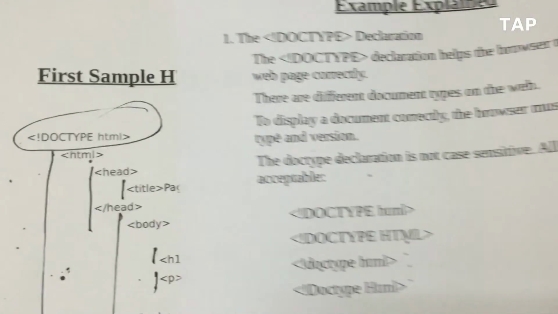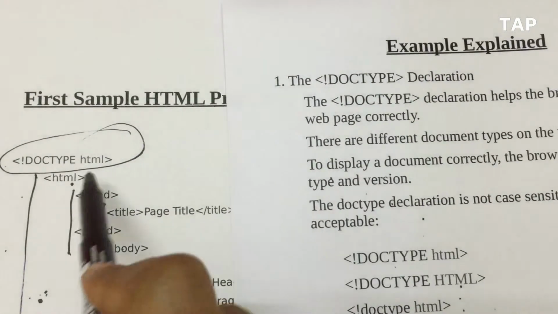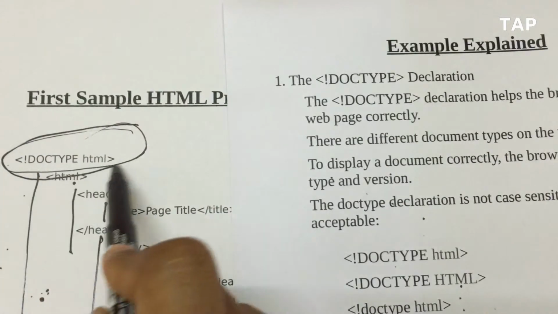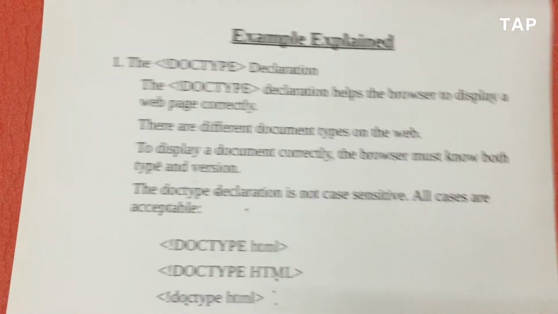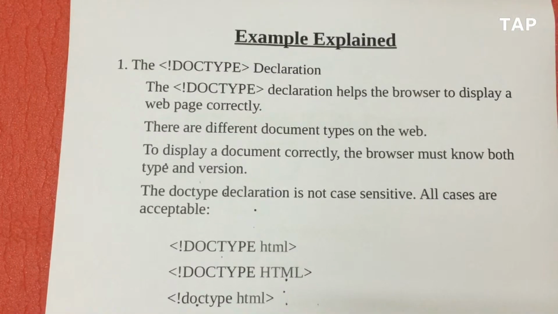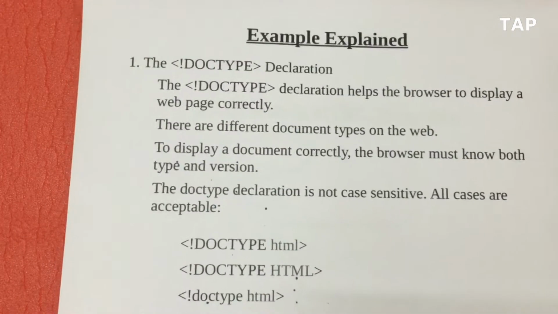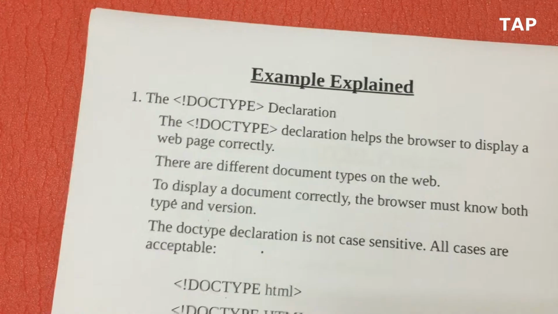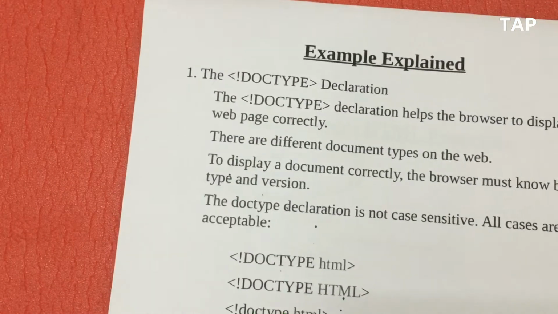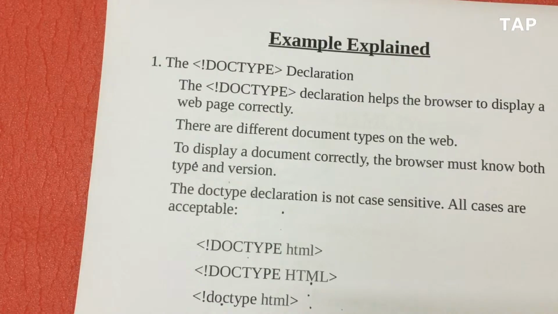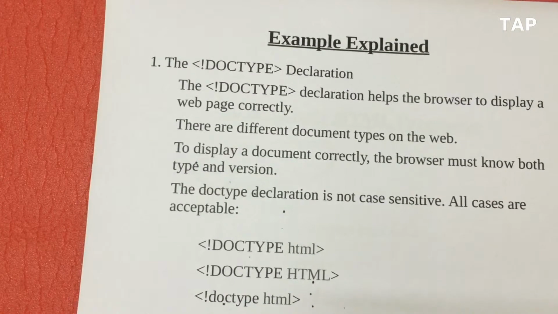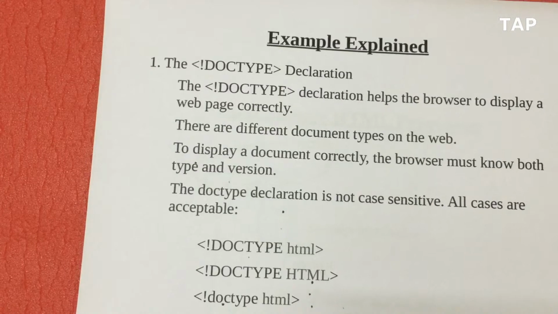Okay. So see, this program begins with document type HTML. What is this doc type exactly? Actually, this is the declaration. Whenever you run your program in the web browser, your web browser should correctly know what type of web page it is.